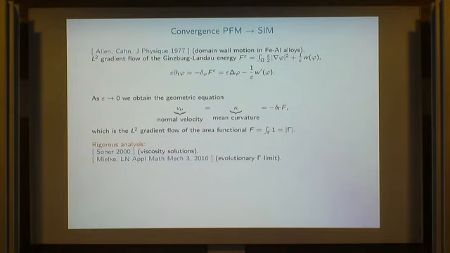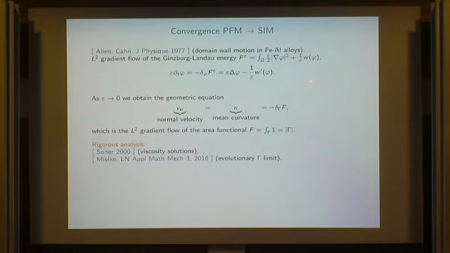Matano has used viscosity solutions, so in principle, since it's a second order equation, that can work. Beyond that, Alexander Mielke in a more recent work has looked at these types of problems, and he came up with the notion of an evolutionary gamma limit. This area functional is the gamma limit of this Ginzburg-Landau energy.